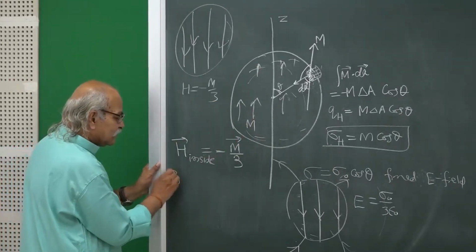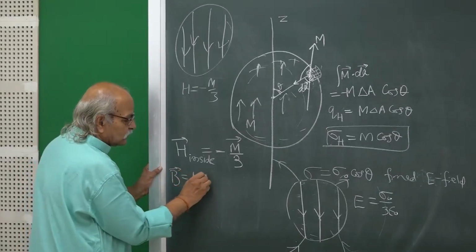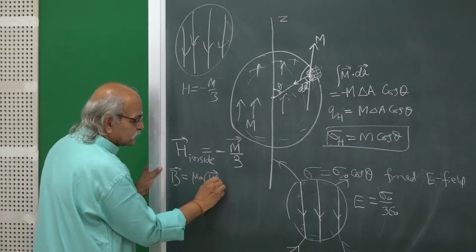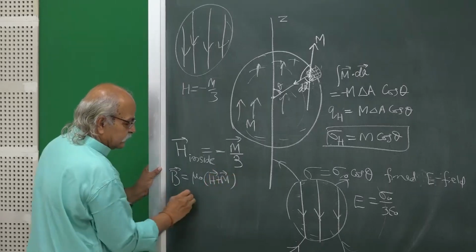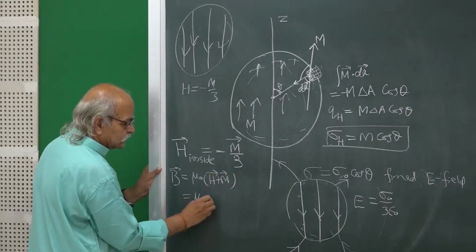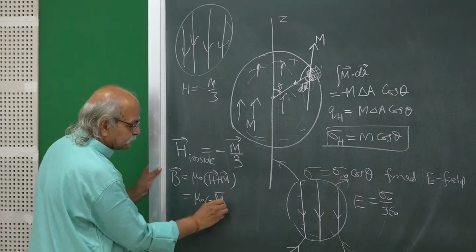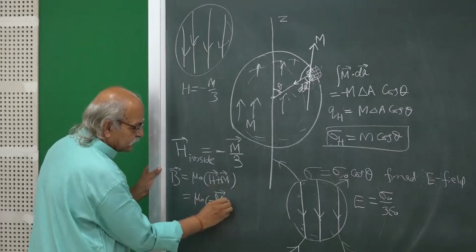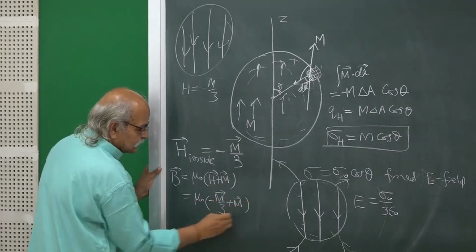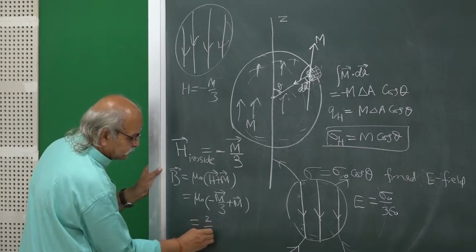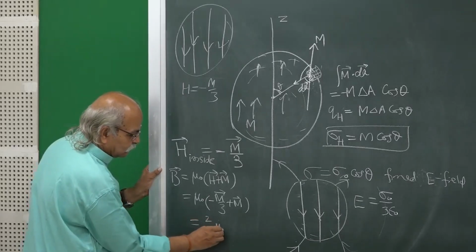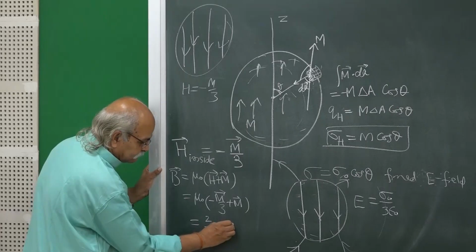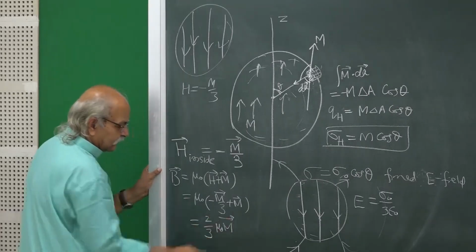B is mu naught times H plus M, and H is minus M by 3, plus M. So it is 2 by 3 mu naught M in the positive direction, the M direction.